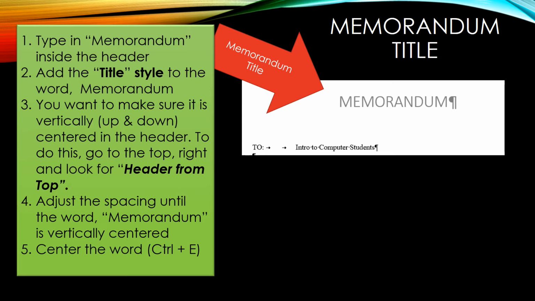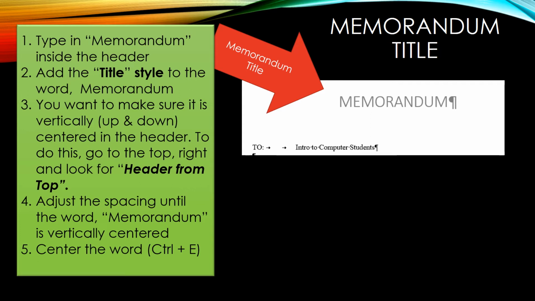Once you have the word memorandum typed in, then you need to add the title style to the word memorandum in the header. You want to make sure the header is vertically centered up and down.